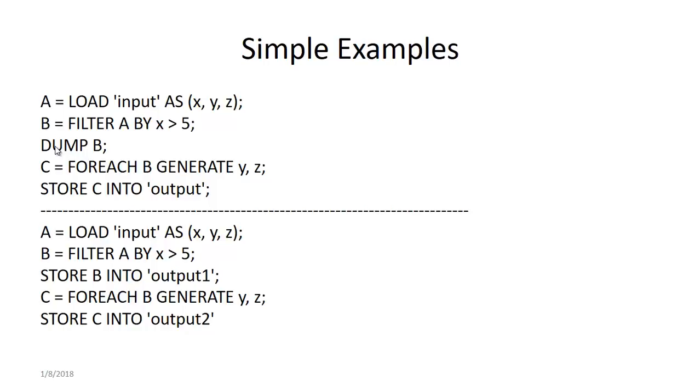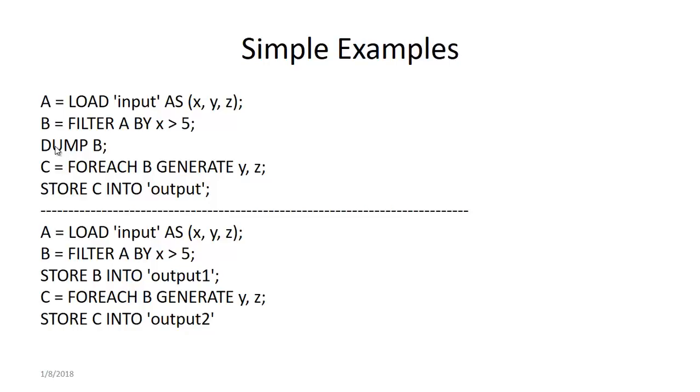Now, in Pig it is not like that. If we have fired the dump command, it means the execution is completed, but we don't need to write all these relations again if we want to perform any other logic on them.